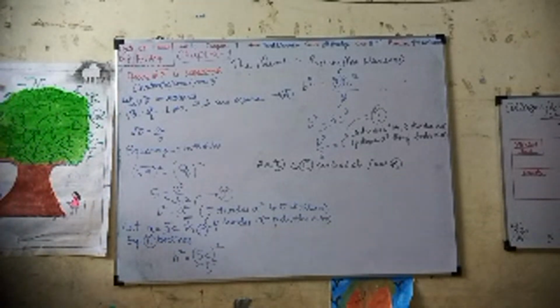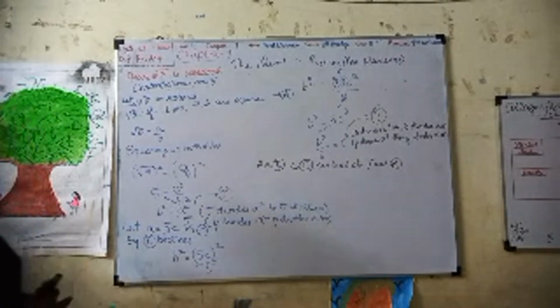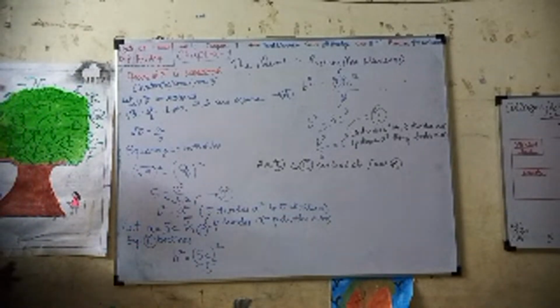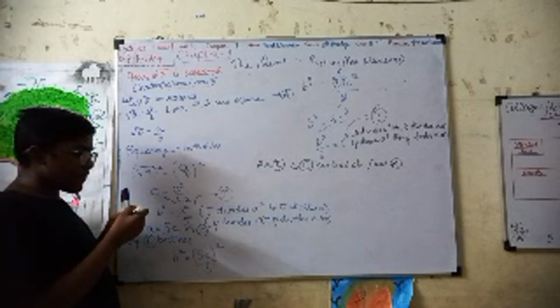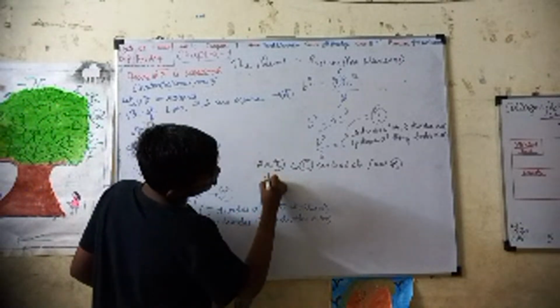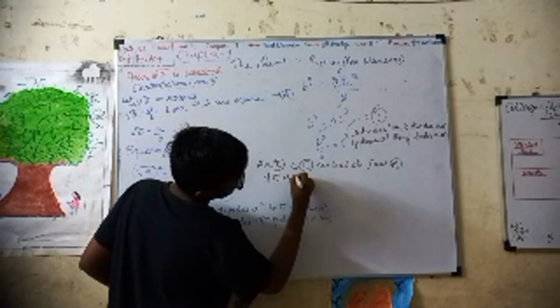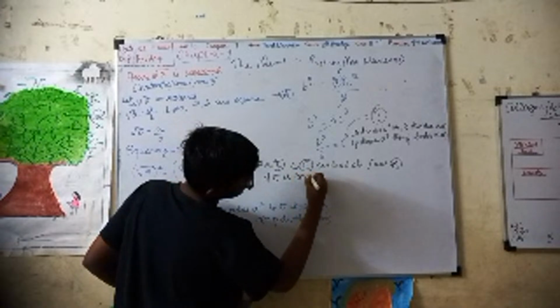Root 5 doesn't have a rational number as its factor. So, as this contradicts the fact A, root 5 is irrational.